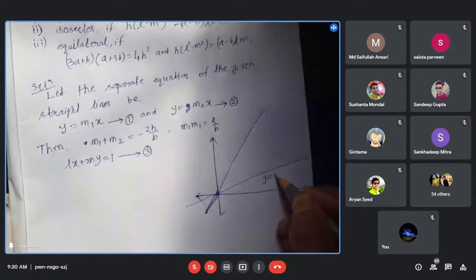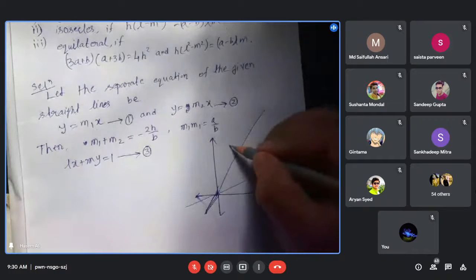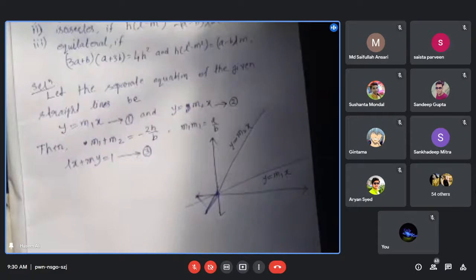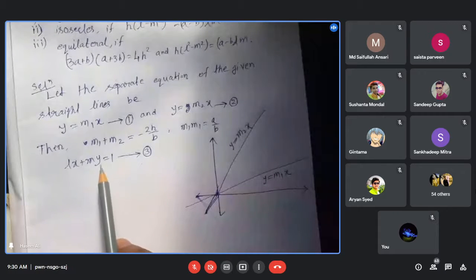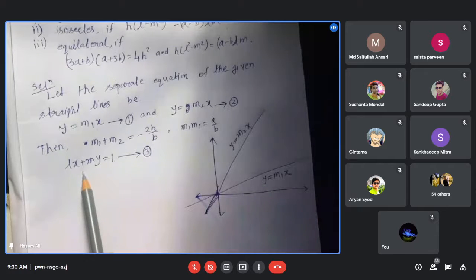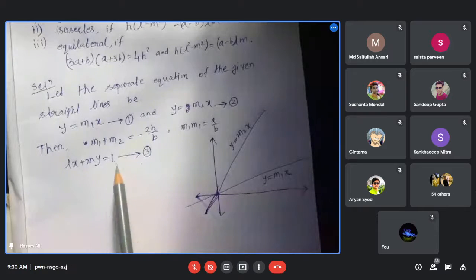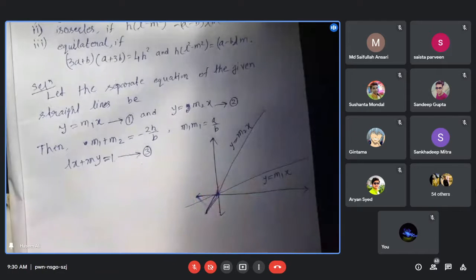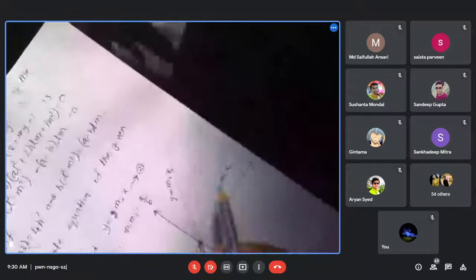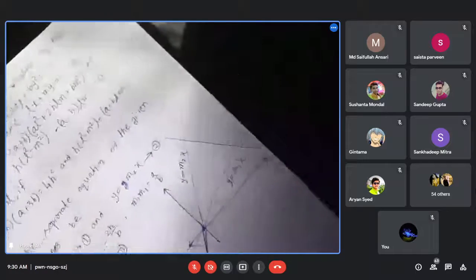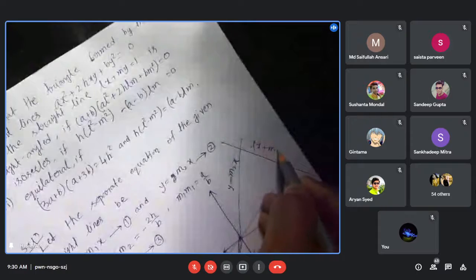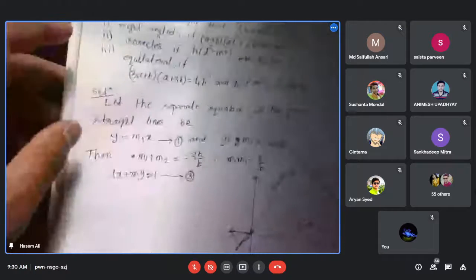This is y equals to m1x and this is y equals to m2x. Now the third straight line lx plus my equals to 1. This line will not pass through the origin, so this line like this. This is our lx plus my equals to 1.